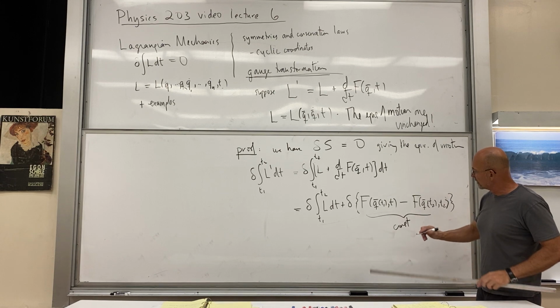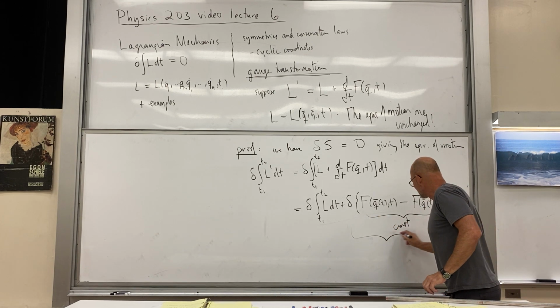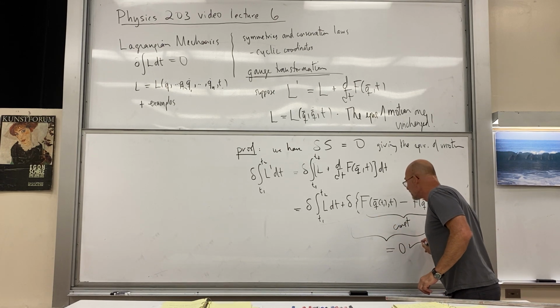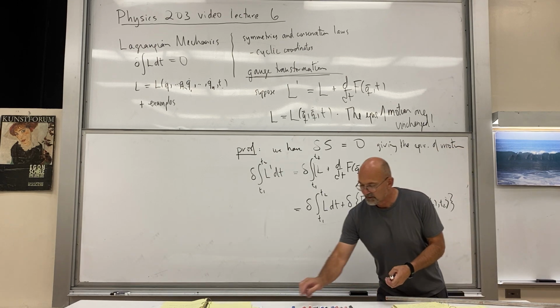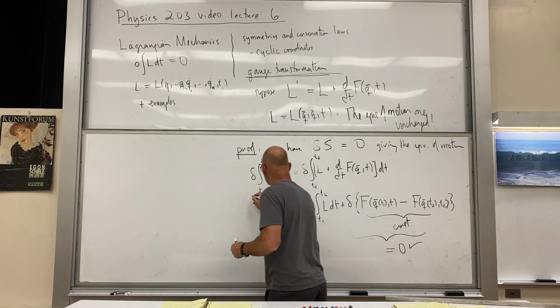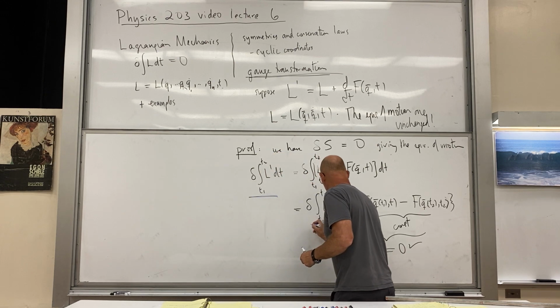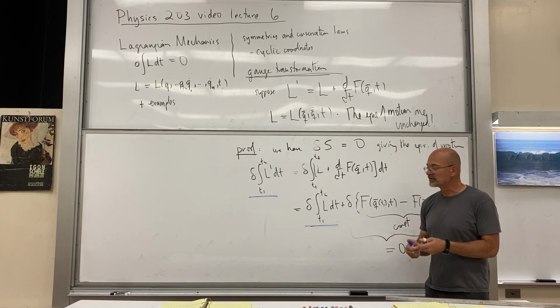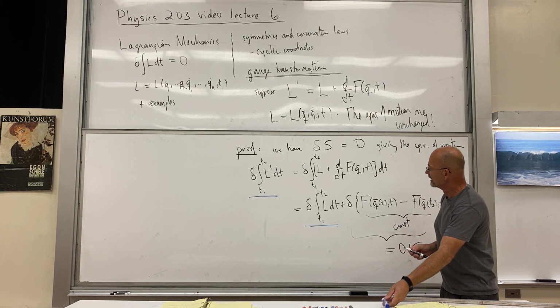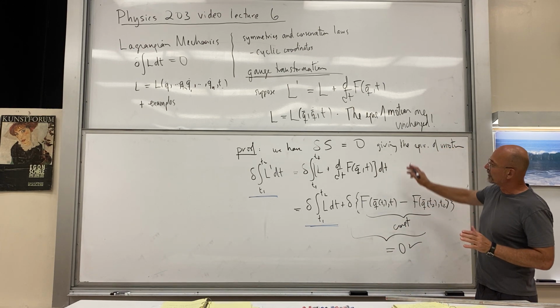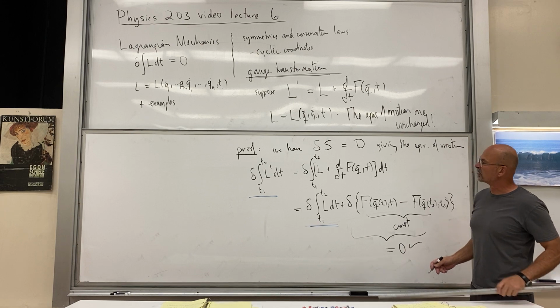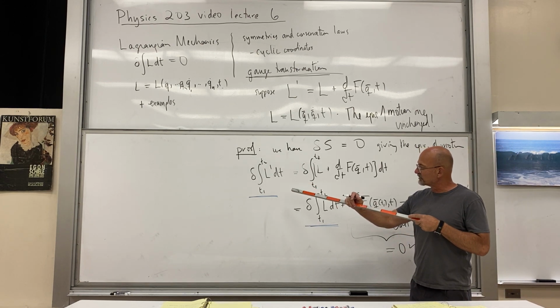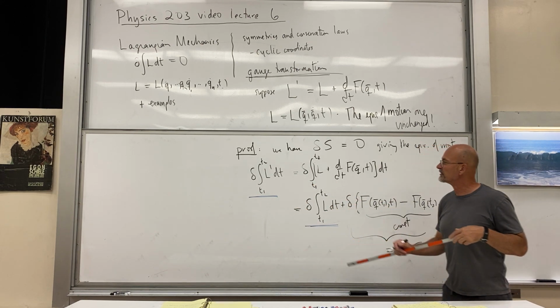This is 0, so variation of a constant equals 0. And what we're left with is that this variational principle is equal to that second one there. So we're going to get the same equation of motion out without actually having had to do all that work. So that already shows you the power of being able to generate your physics from a variational principle.